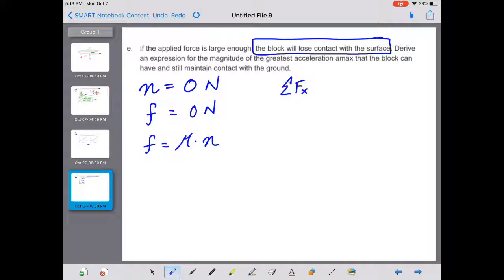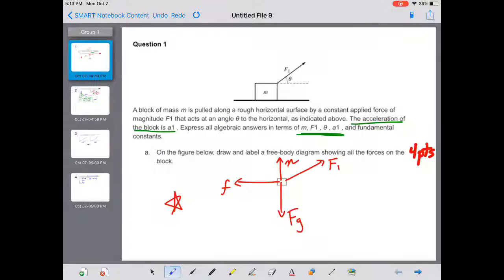Again, we're going to sum together our forces in the x world. We still have an acceleration in the x world, so this is mass times the maximum acceleration. That's what we're looking for here. Now, at this moment, or we can think of right before this moment happens, this is where our block loses contact with the surface. Therefore, the only force that's going to be acting in the x direction is this component of F1.